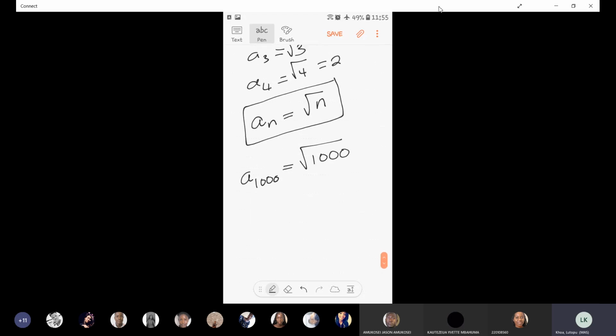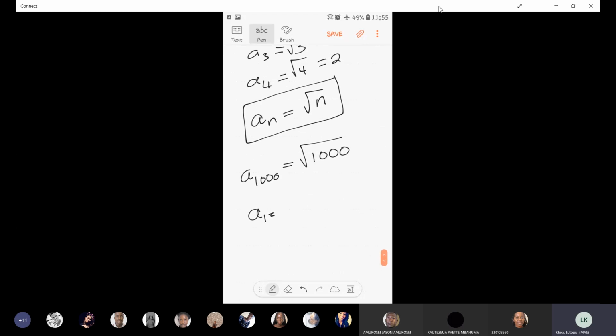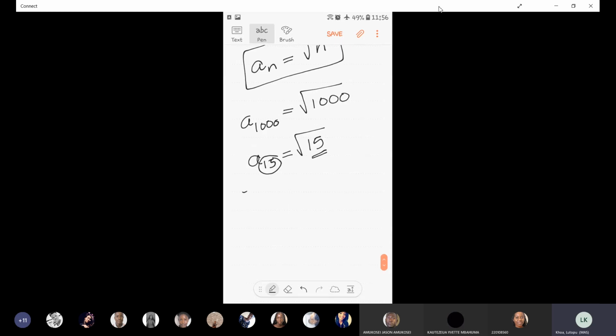If I ask you for the 15th term, all you do is take the square root of 15. So you can see my n goes under the square root. Okay, so this one is simple, not really much to do, just identifying the pattern, what is happening to the terms.